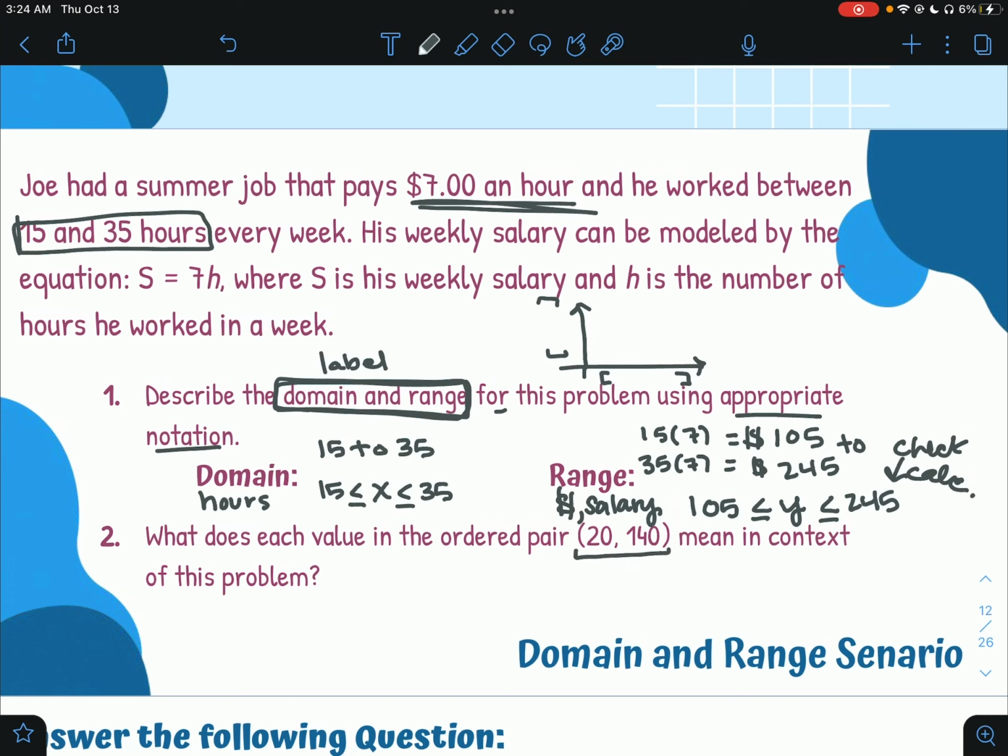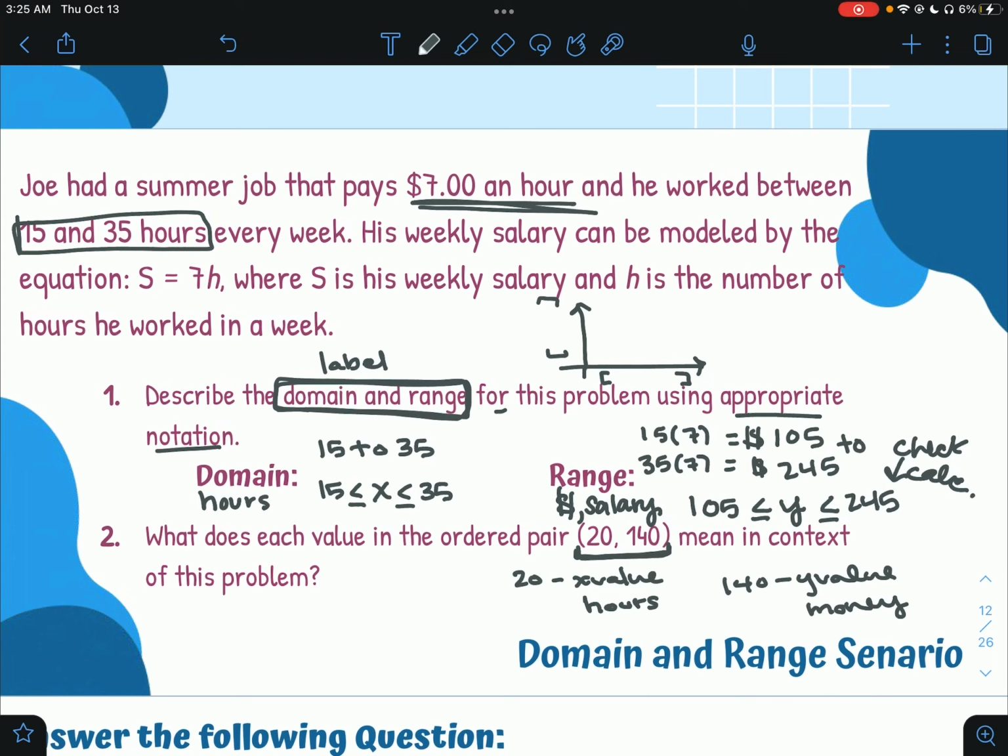So we have 20, comma, 140. Well, 20 is an X value. 140 is a Y value. Because we labeled them, we know X values are hours. Y values is money.